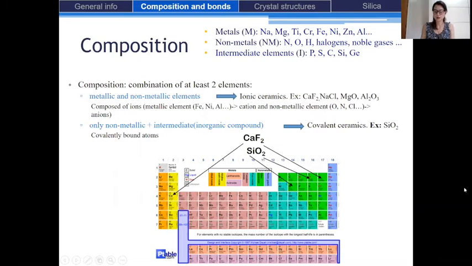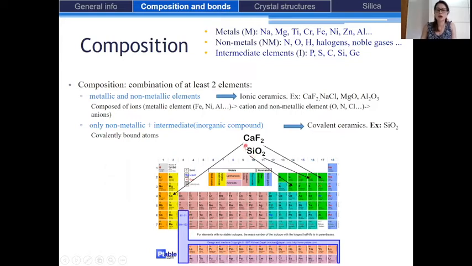In the case of fluoride, which is composed of one atom of calcium and two atoms of fluorine, calcium comes from the metal part of the periodic table, whereas fluorine is a halogen element.